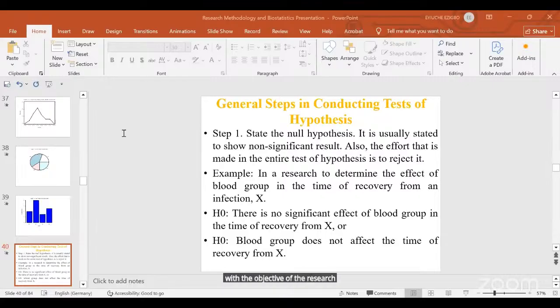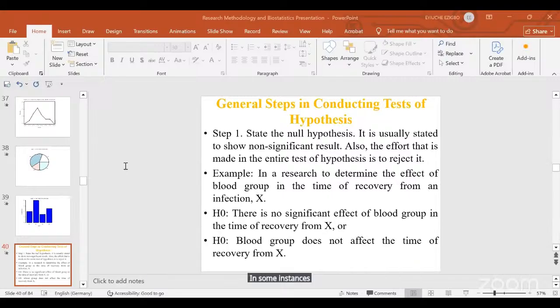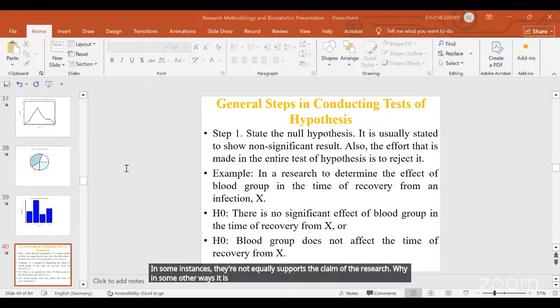What is important is that the null hypothesis must always be what? Non-significant. Is that clear? In some researches, the null hypothesis supports the claim of the research, while in some other cases, it is the alternative that supports the claim of the research. That is the point I'm making.